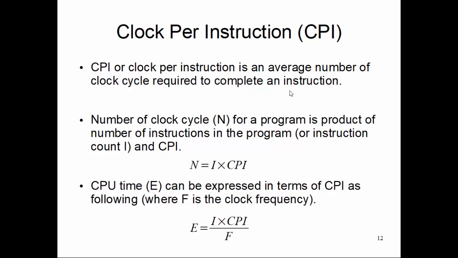Once we determine the CPI of the target processor, we can formulate the number of cycles as the number of instructions in the target program we are executing, multiplied by CPI. The formula is N equals I multiplied by CPI, where I is the number of instructions in the program you are executing, and CPI is the average clock per instruction of all the instructions, because of course your program doesn't have only one instruction. It has multiple instructions.